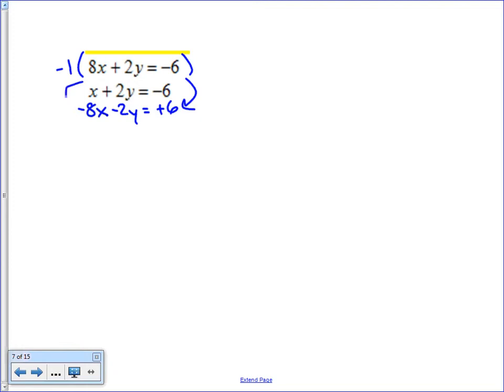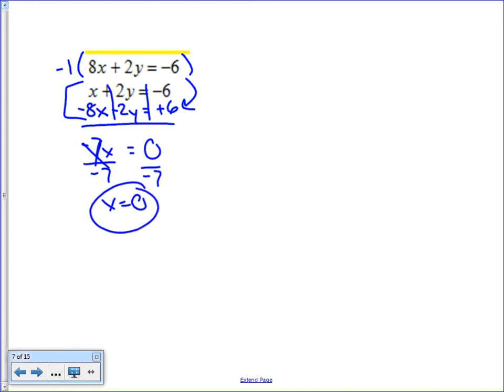So now we have to add these two together. So -8x and an x, that'll give me a -7x, and that equals a 0. So divide by -7, I get that x will equal 0. Okay, so we have x equals 0. Go back to one of the equations, plug a 0 in. Looks like this one might be the easiest one to use.